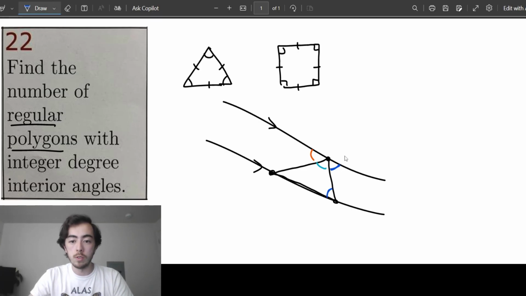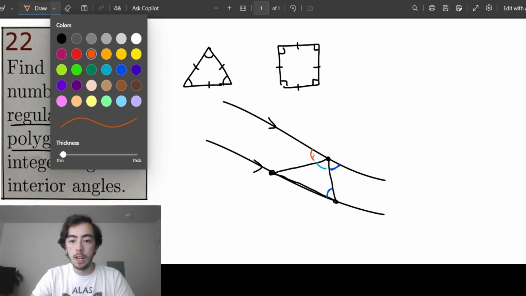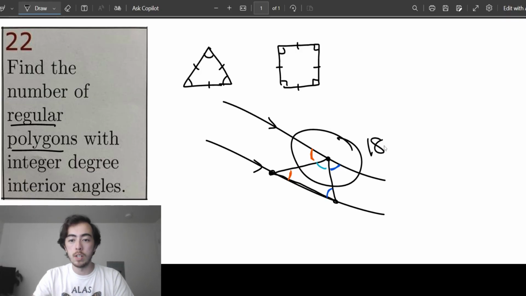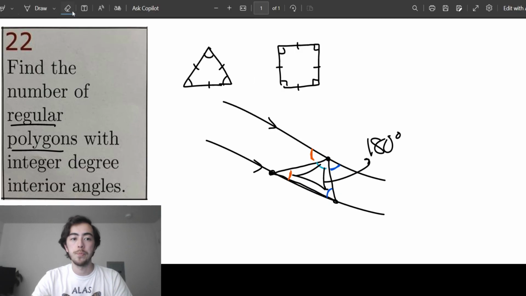So these 2 angles right here have the same measure, and this angle and this angle have the same measure as well, just because they are alternate interior angles. So if you believe me that these 3 add up to 180 degrees, then you should also believe that the 3 interior angles of the triangle add up to 180 degrees.